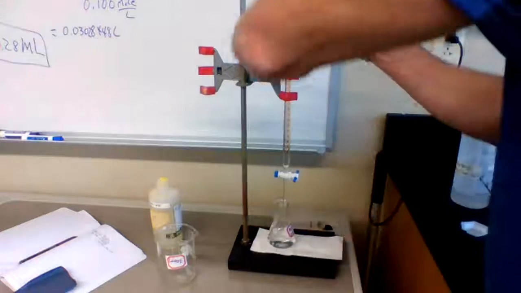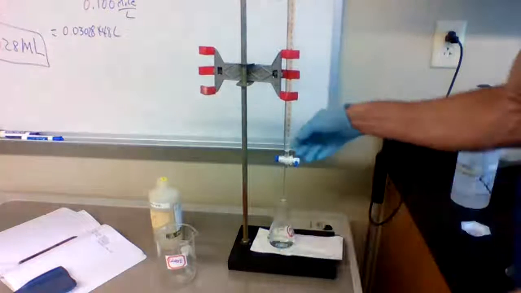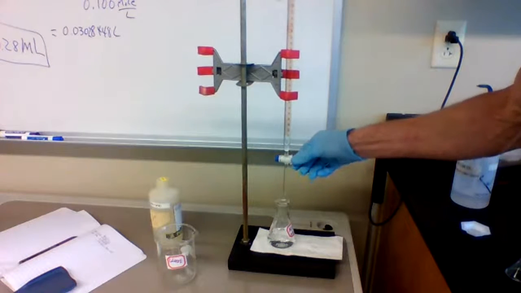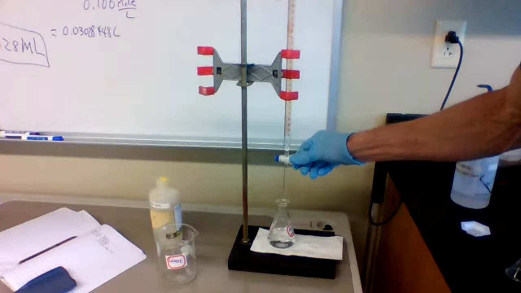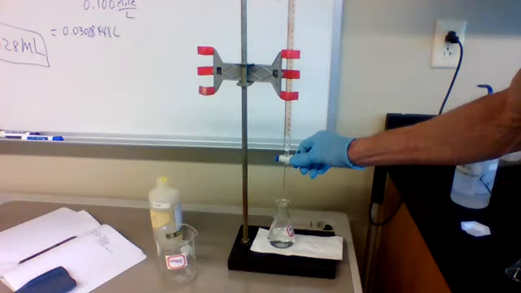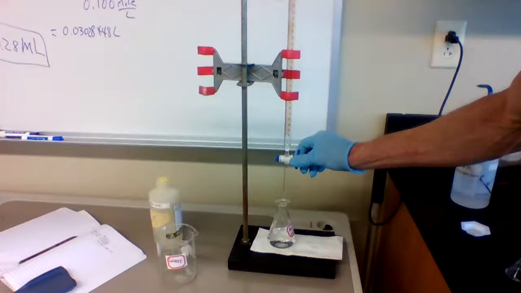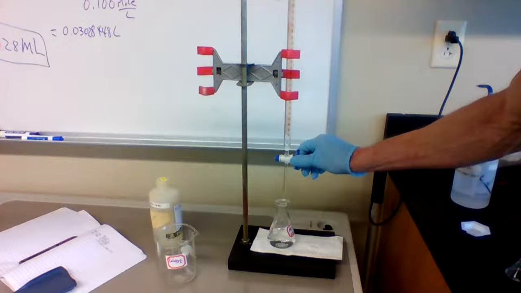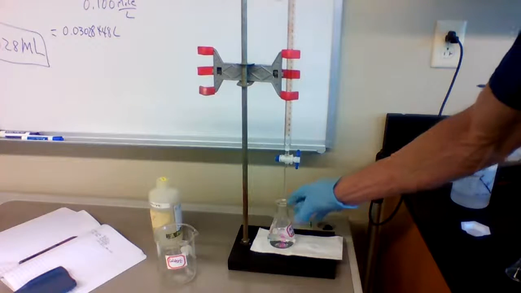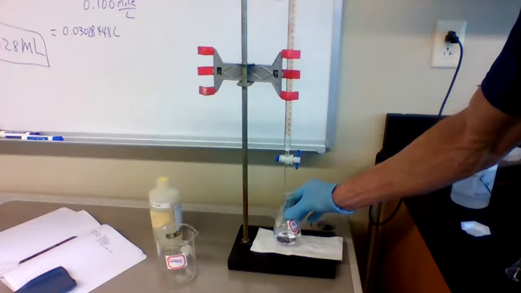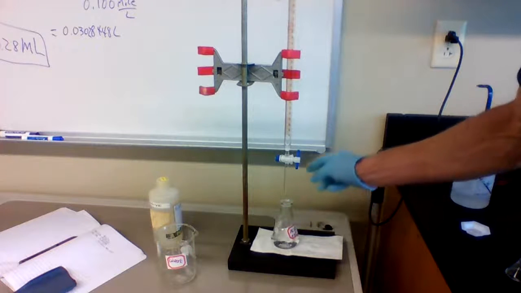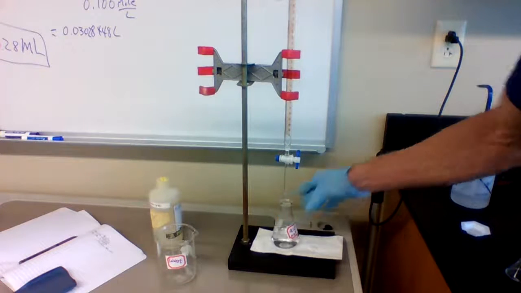I'll bring this up a little bit so you can see that technique: we open the stopcock and we allow a droplet to form at the tip of our burette. Okay? And I just simply dab it against the side, and that's one way to add a single drop.